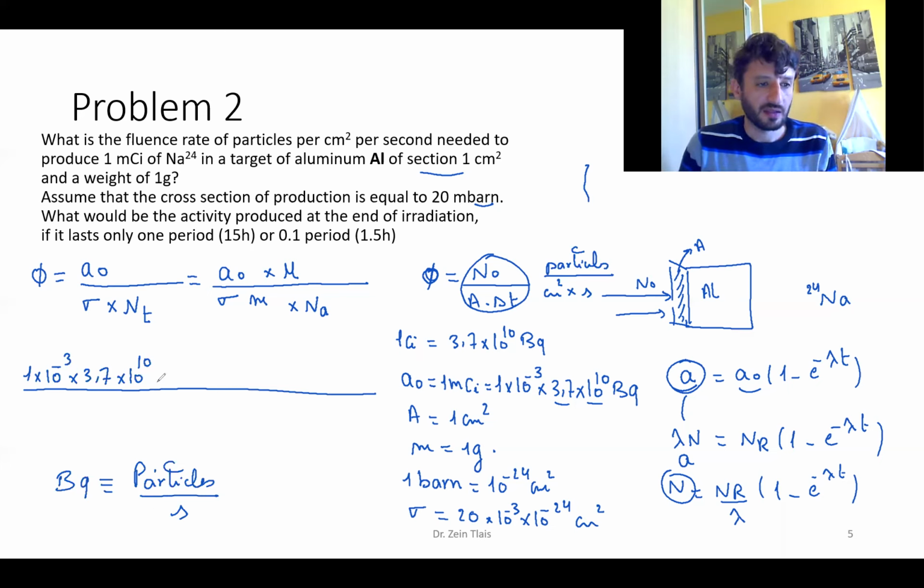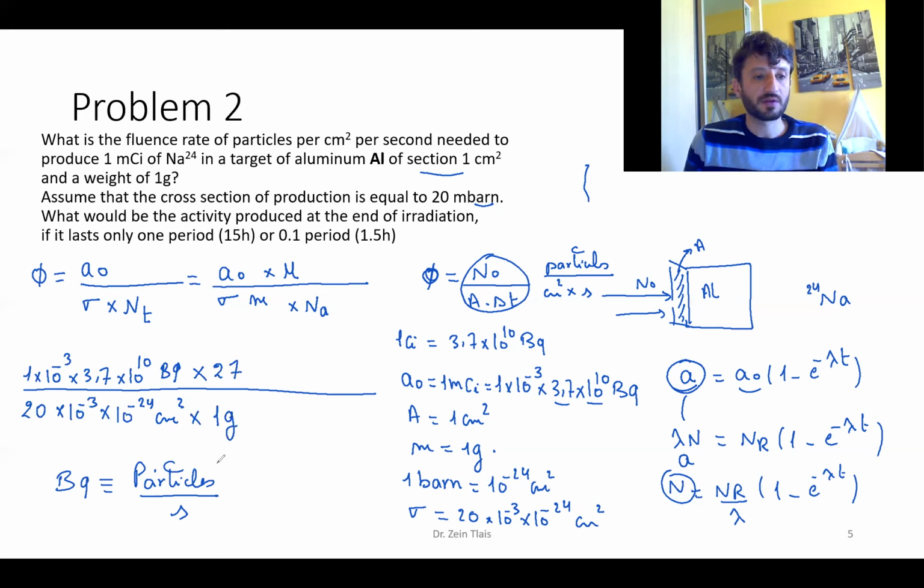Also, okay, here we have 10 power 10 Bq times M, the molar mass of the atom, which is equal to 27, divided by sigma, 20 times 10 power minus 3 times 10 power minus 24 centimeter square, and the mass equals 1 gram, times Na. You know, Na equals 6.02 times 10 power 23.